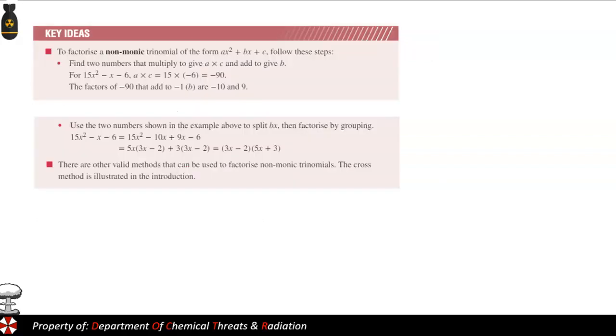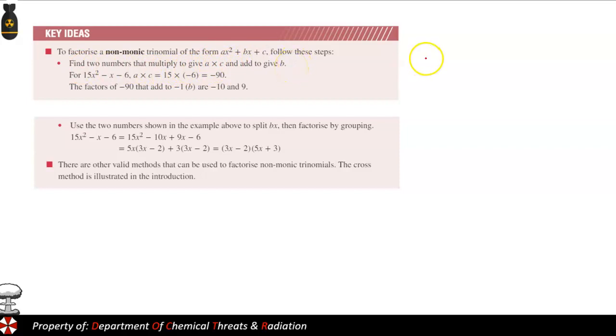So, key ideas. If you're going to factorize a non-monic trinomial, it's a mouthful. Trinomial, three terms. Non-monic, a is not 1. These are the steps. First, find two numbers that multiply to give a times c and add to give b.